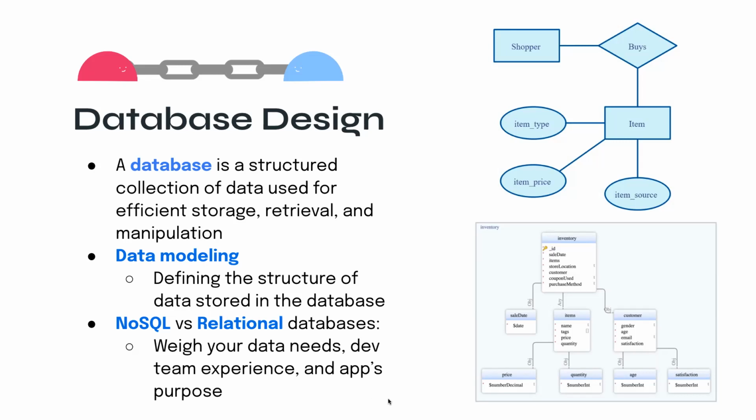And so there are different kinds of databases as well. I won't get into too much of the weeds of what they are, but we have NoSQL versus relational databases. When you look into these for your app, you have to weigh the needs of your app, the needs of your data. So for example, NoSQL databases have much more flexible schemas, versus relational databases, where you have very strict definitions for the data that you're storing.